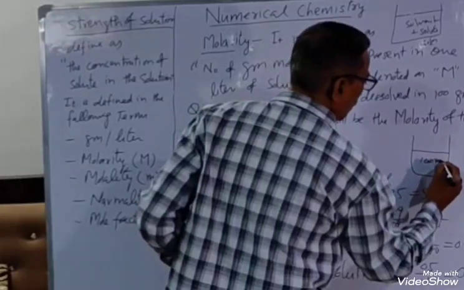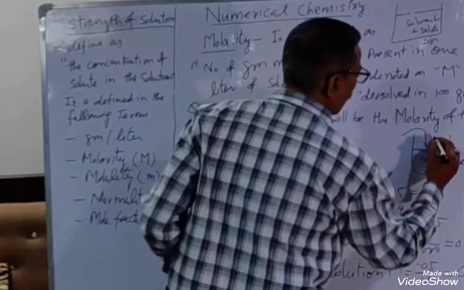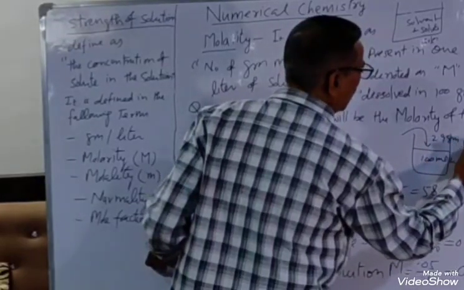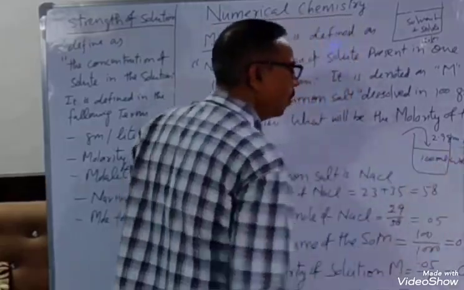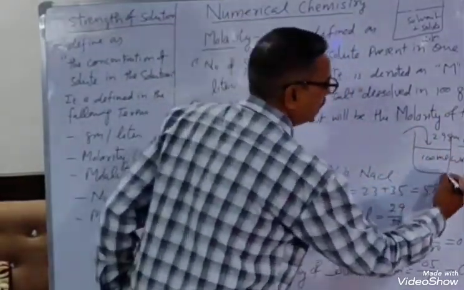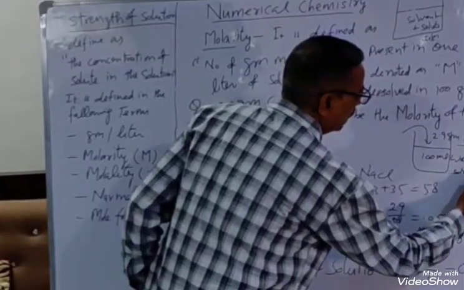Here 2.9 gram common salt, that is NaCl, is dissolved. So it becomes the solution of NaCl. It is called solution of NaCl.